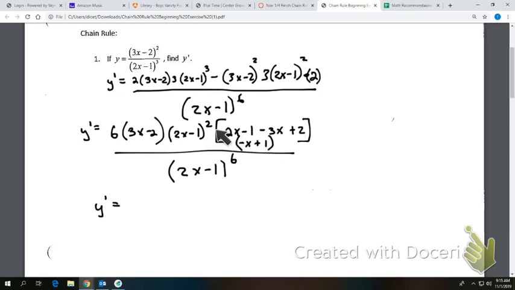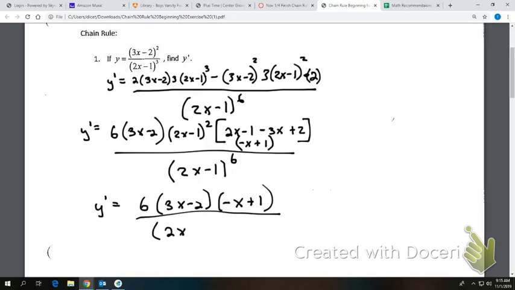But what can I do? I can cancel out 2x minus 1. So I'm left with 6 times 3x minus 2 times negative x plus 1 all over 2x minus 1 raised to the 4th.